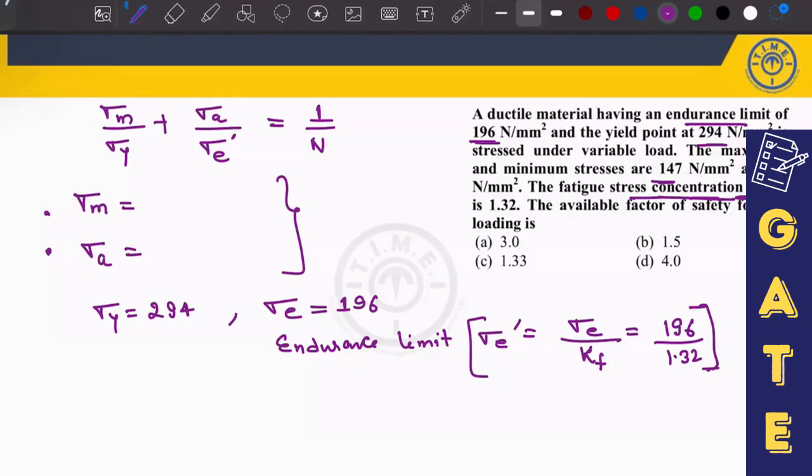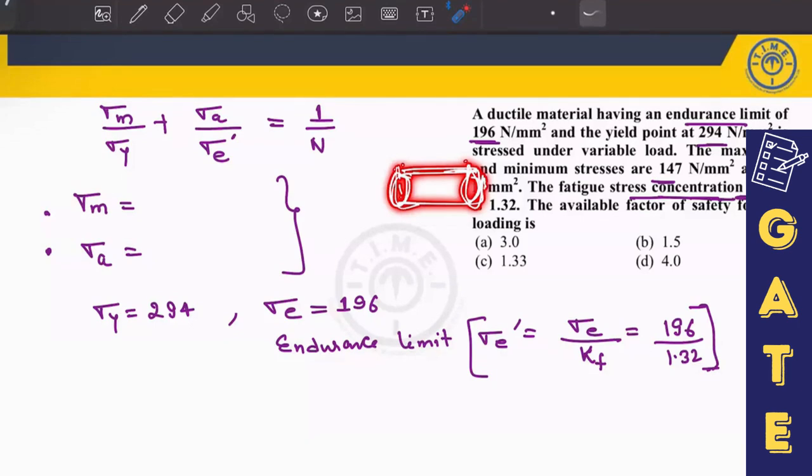Anyone please tell me why we have divided by KF? One of the students got option B. What about the others? Yes, corrected endurance limit only. Very good. So let us suppose you have a specimen like this, which is the actual specimen in which there is no notch. So this is basically the standard specimen.